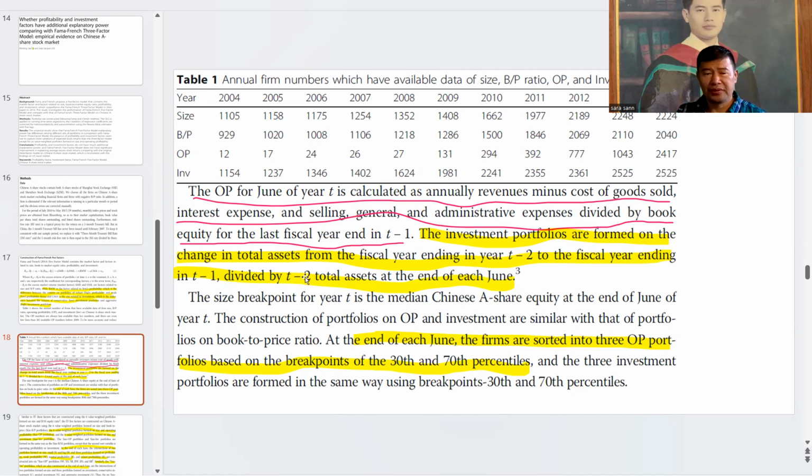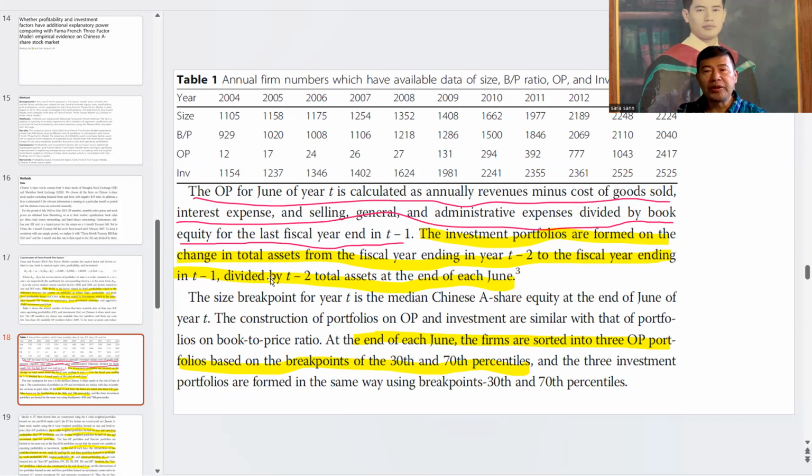For example, now is year 2023. Maybe at that time, he cannot find the 2023 data, maybe in the middle of the year they don't do the tax yet. That's why he chooses year 2022 and year 2021.